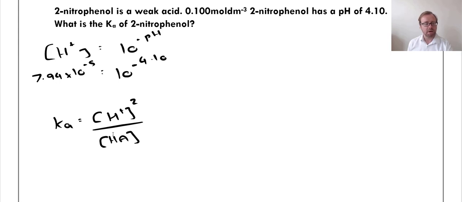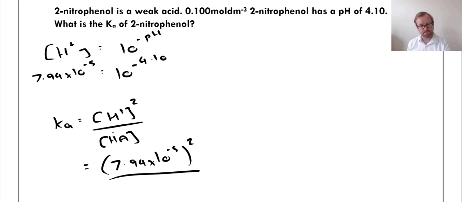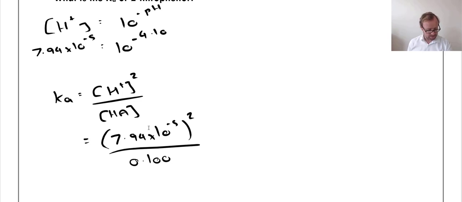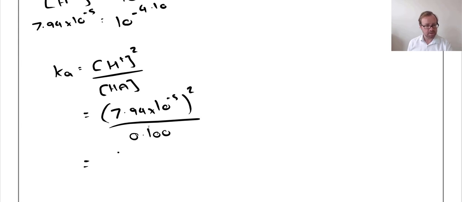I've worked out the concentration of H+ up here. I know my concentration of HA down here, which is 0.10, so 7.94 times 10 to the minus 5, squared, over 0.100. I can put this value in and it gives me a value of 6.38 times 10 to the minus 8. Again, I think these calculations are okay so far, so we will carry on.